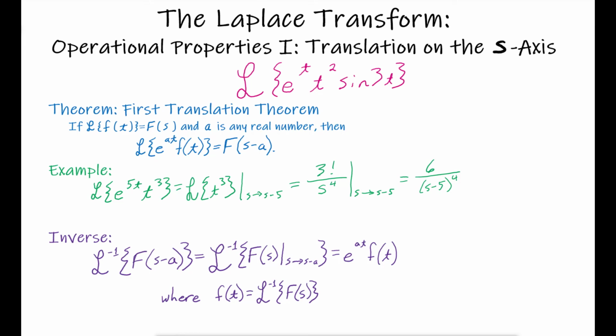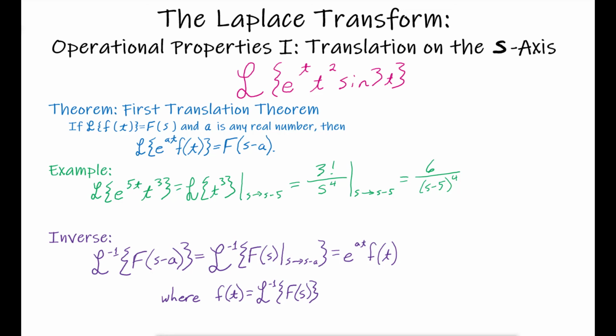So in order to do this, what we're saying basically is we need to be able to recognize that substitution that occurred of s to s minus a. So looking at my example, I need to be able to look at that and say, all right, the function that's underlying all of this is something raised to the 4th power.